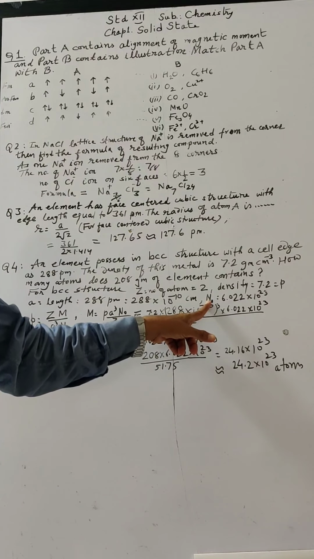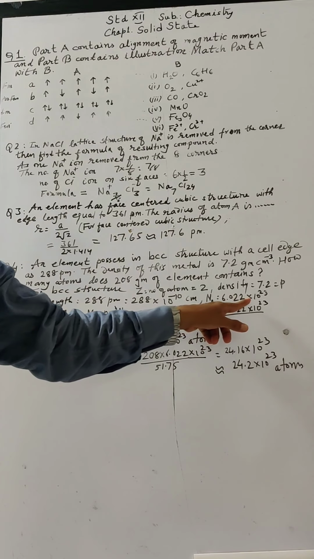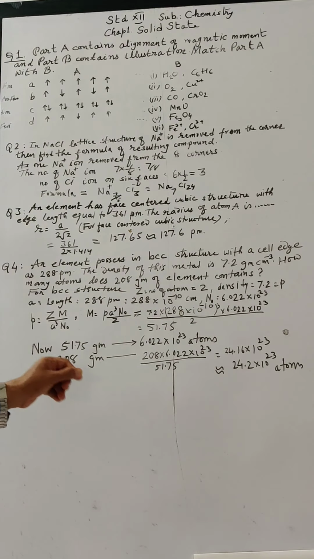N0 is the Avogadro number, 6.022 into 10 raised to 23.